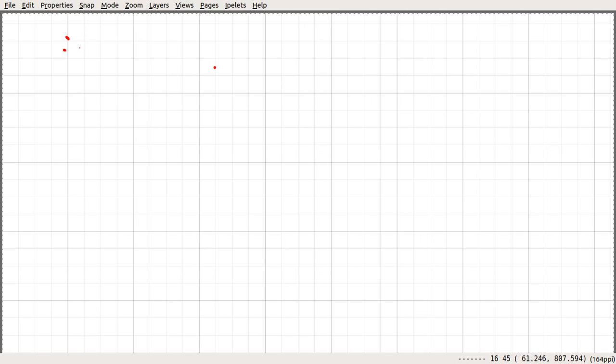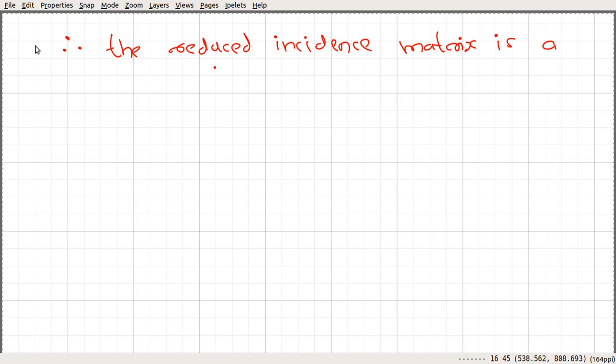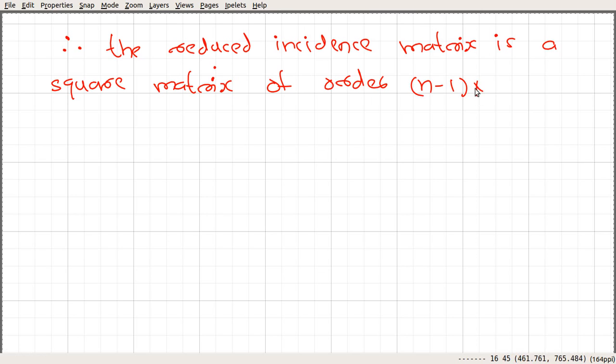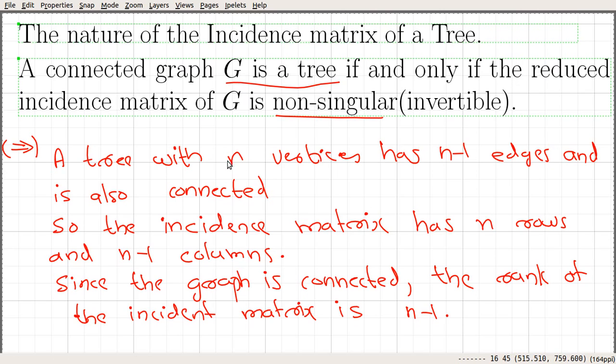Therefore the reduced incident matrix is a square matrix of order n minus 1 by n minus 1, because here we are dealing with a connected graph with n vertices and n minus 1 edges.